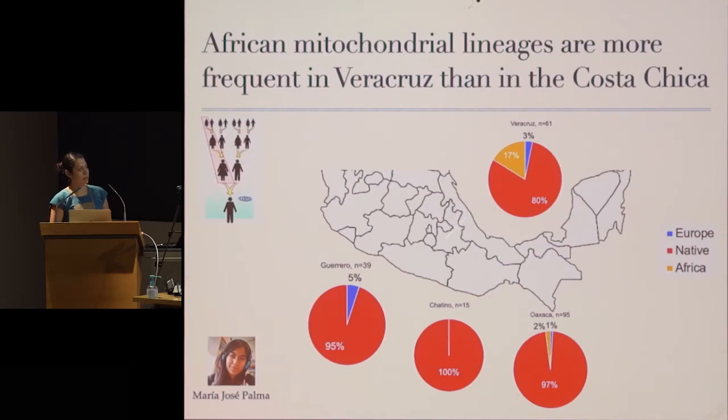In fact, and this is of course unrelated individuals, we only see, I think, just one individual from Costa Chica in Oaxaca who had an African haplogroup, and the predominant by far is the native component. So this is telling us that, to the Costa Chica at least, probably not many women arrived, or if they did, they didn't leave many descendants.